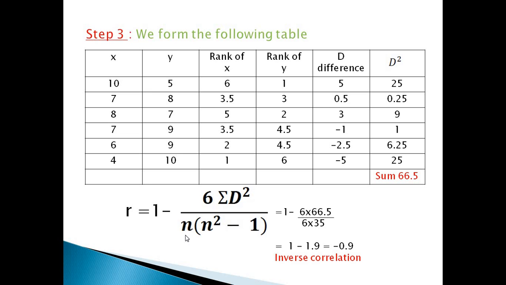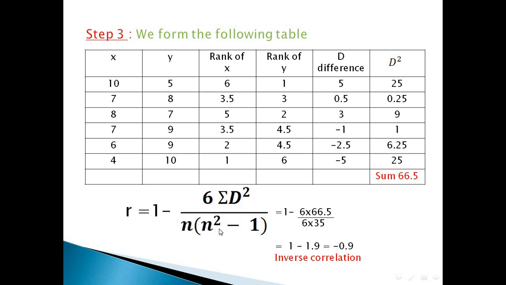And n is the number of values. The number of values we have here, how many ordered pair? 1, 2, 3, 4, 5, 6. So how many values do you have in x? In x, we have 6 values. So n is 6.